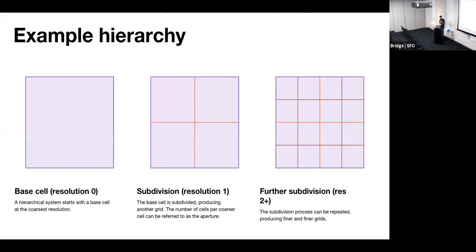Squares make a really nice and easy to use example, and we can see how we take some coarse base cell, we subdivide it into 4 cells, and we subdivide that into a further 4 cells. And in this grid system that we've developed here, we have meaningful relationships between these different resolutions.